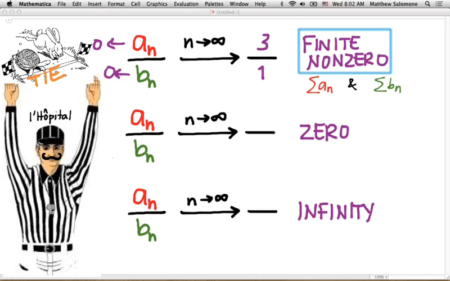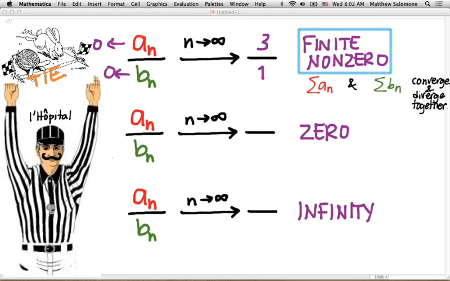And conversely, if one of them is too slow, in other words, not getting to 0 quickly enough in order to converge, then so is the other one. So this is the best possible case of the limit comparison test. When the limit of the quotient is finite and non-zero, we can conclude that these two series converge and diverge together. If one does, then so does the other, no matter what. So this is the clean case. This is the one we talked about yesterday.